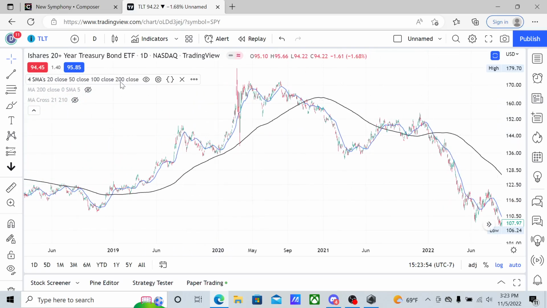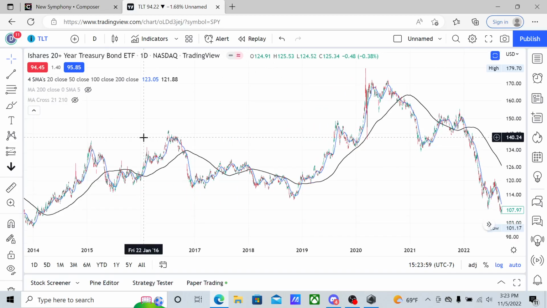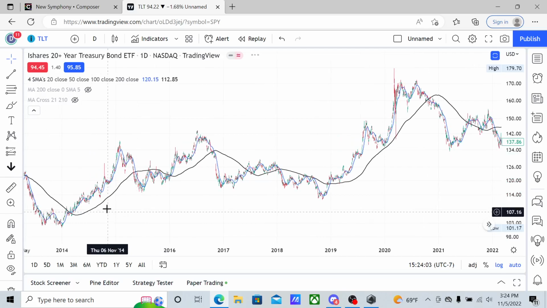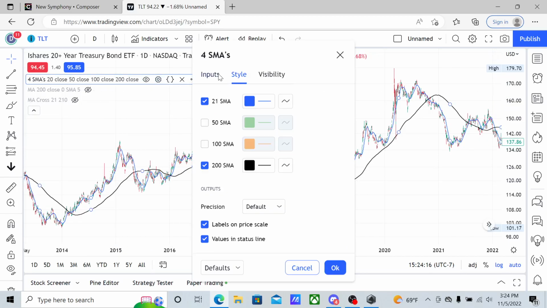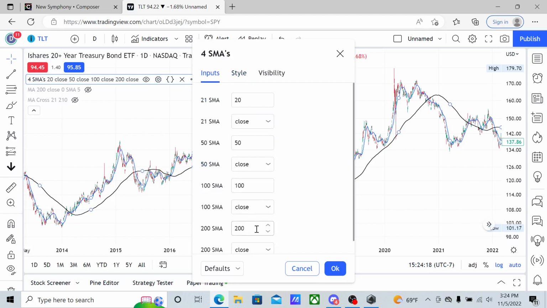So what I like to do actually with the treasuries, let me zoom out even further. Okay, so where you could get beat up pretty badly is in these sort of sideways movements in treasuries, where they don't respect that 200-day moving average almost whatsoever. So what you could do is use a longer term trend.